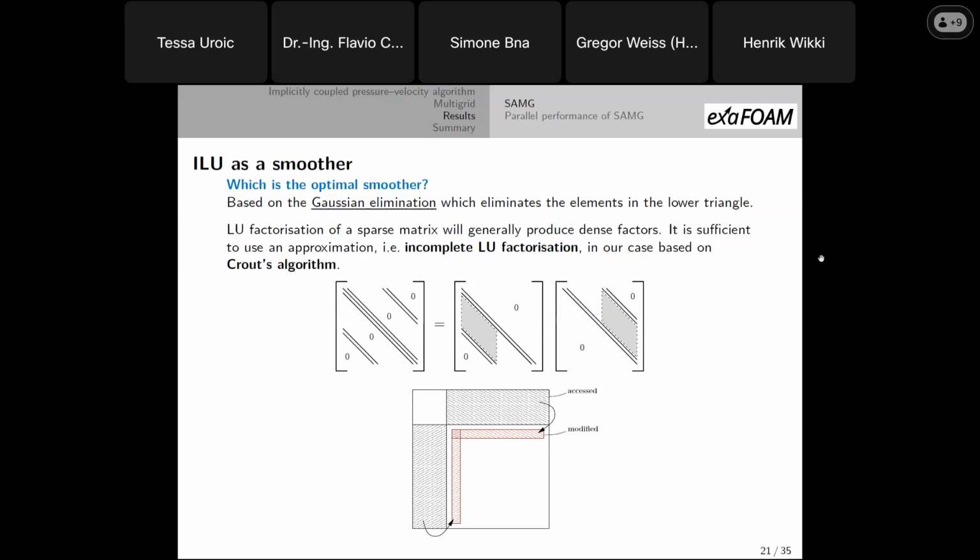And we have chosen to use Kraut's algorithm, since it is the most natural one with the LDU addressing. In Kraut's algorithm, we are accessing the matrix elements from the upper and the lower triangle, which is very natural with LDU addressing. Okay, next slide, please.